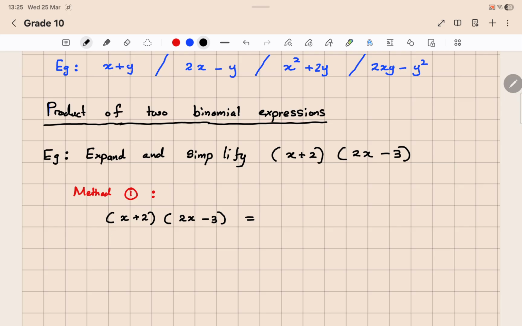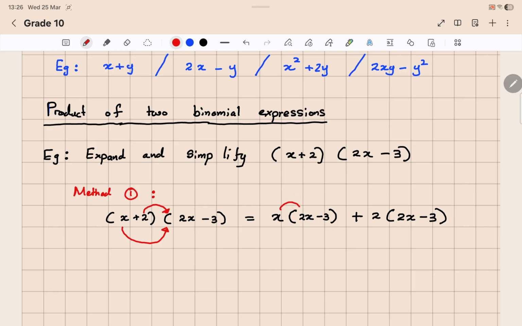Normally pick the first bracket, then x into first term in that bracket is x, no? So x into the whole other binomial expression, 2x minus 3, then whatever sign in the first bracket, put it in between here, and then 2 into the other bracket, 2x minus 3, like that.